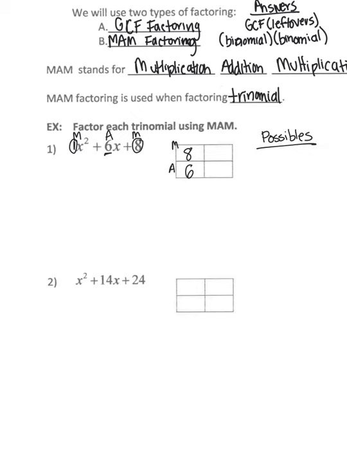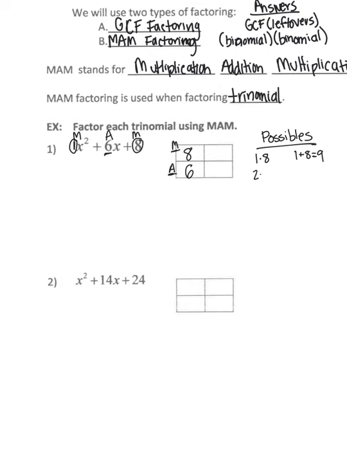And what I'm looking for is two numbers that multiply to give me 8 and add to give me 6. So I'm going to start by listing all the numbers I can multiply together to give me 8. So if I do 1 times 8, that gives me 8, but if I add 1 plus 8, that gives me 9. So it's not going to be 1 times 8.